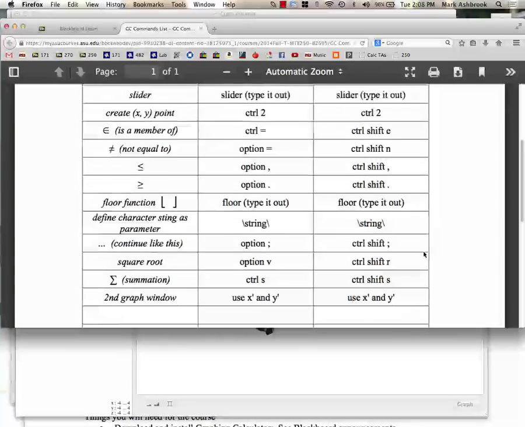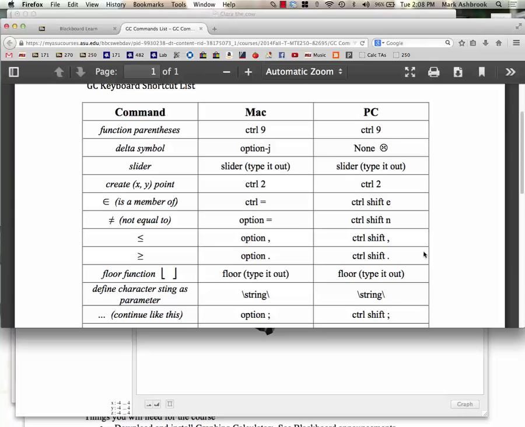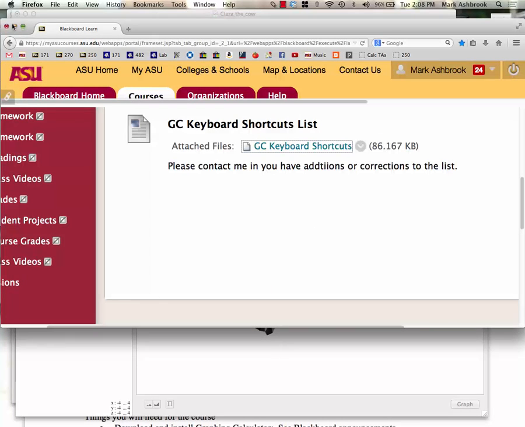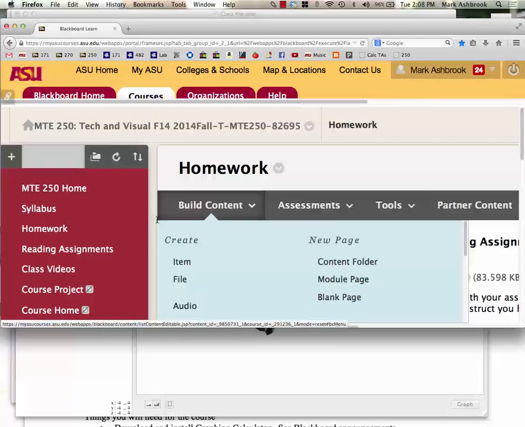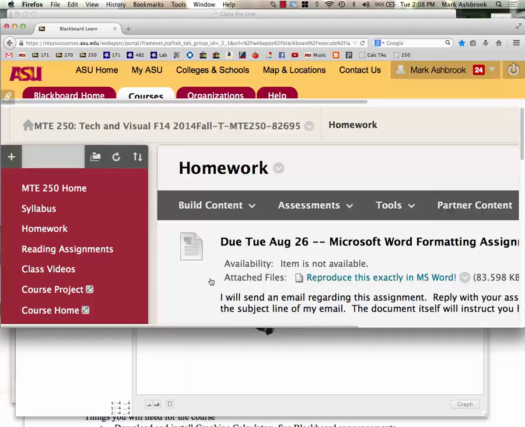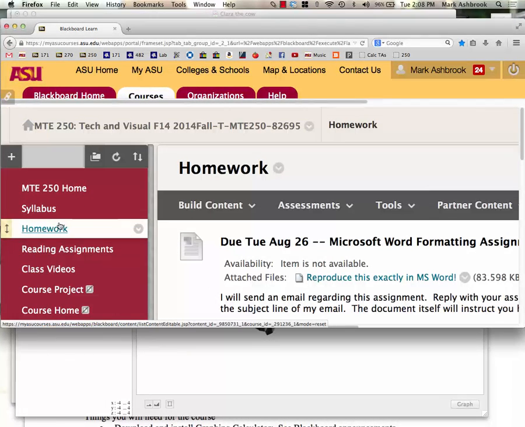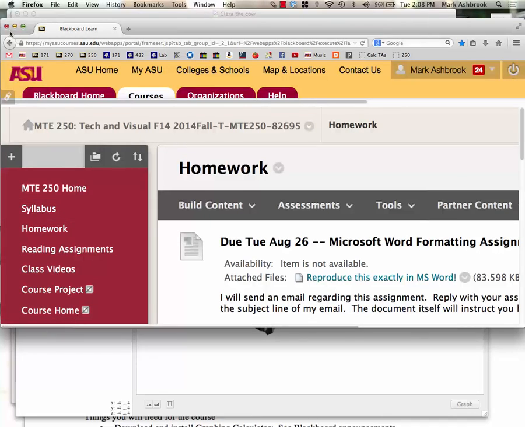Maybe we can keep adding to that list. As you discover things that are really helpful that aren't on that list, please email me and I'll keep improving it, okay? I will make a new menu item just for that document. Over here it'll say something like GC shortcuts.